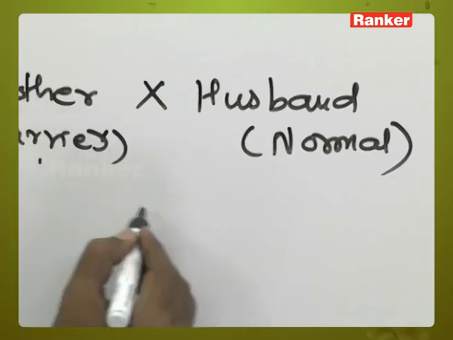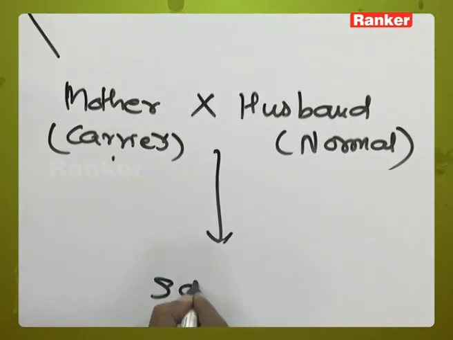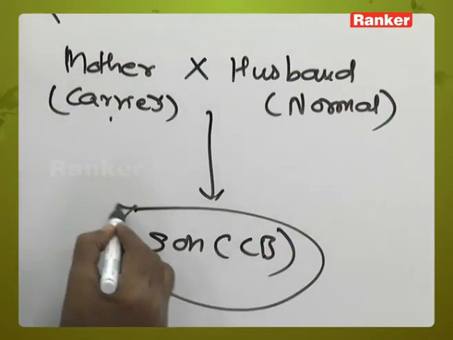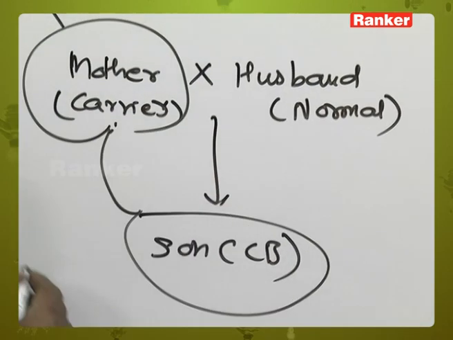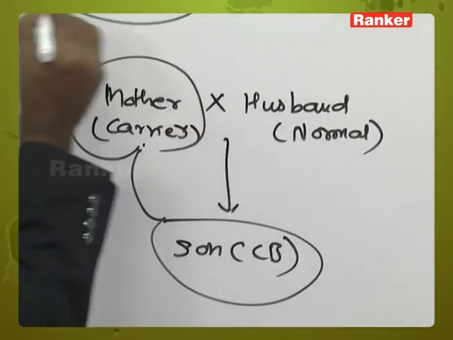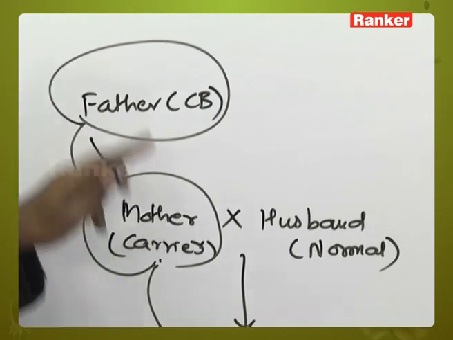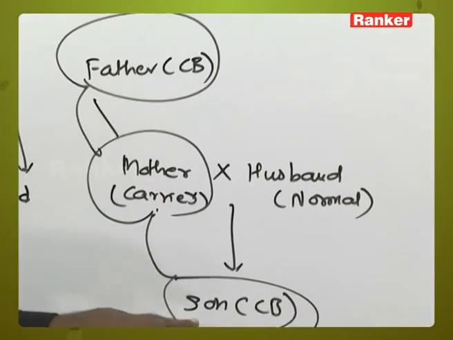So if the son is colorblind, the colorblind gene of the son comes via the carrier mother from the father who is colorblind. So the transmission occurs from the grandfather to the mother and to the son.